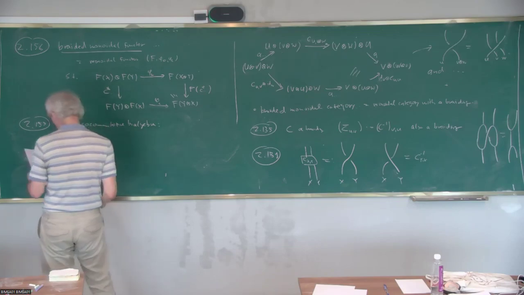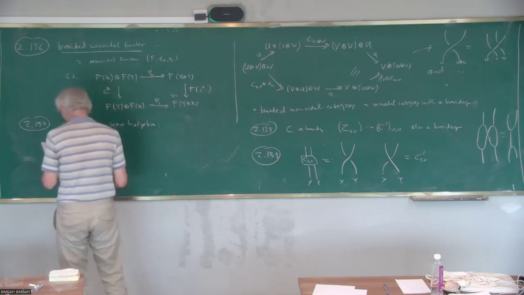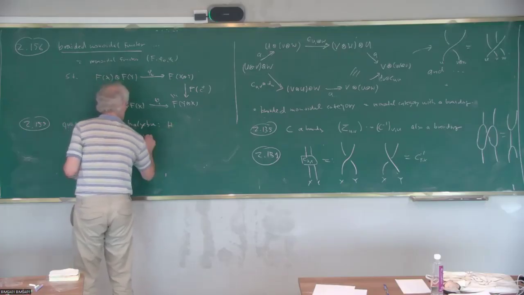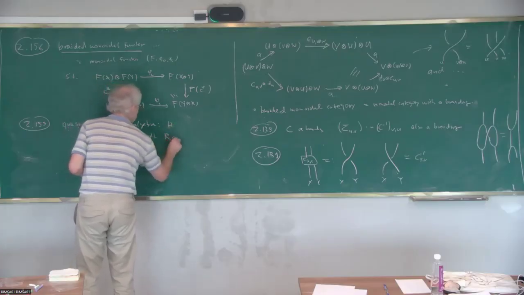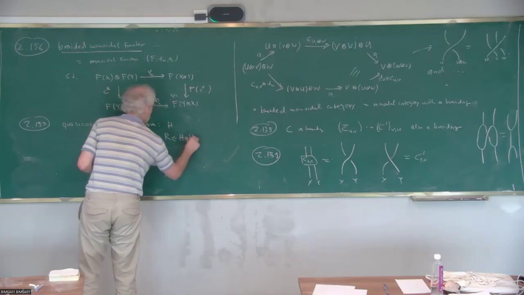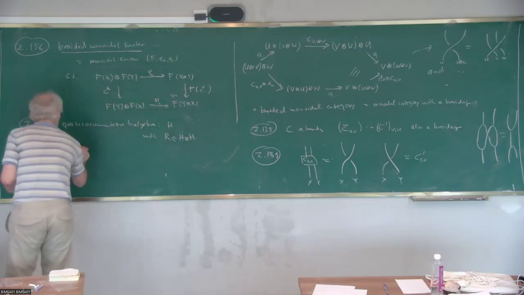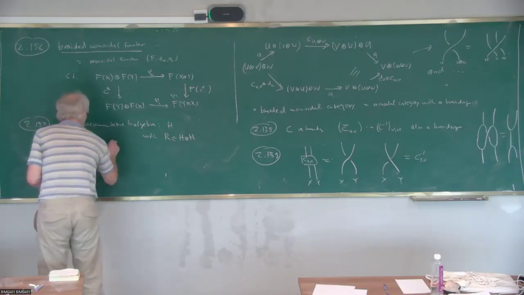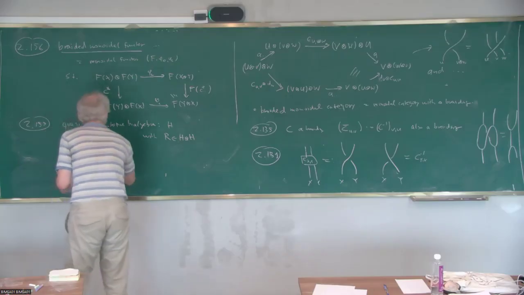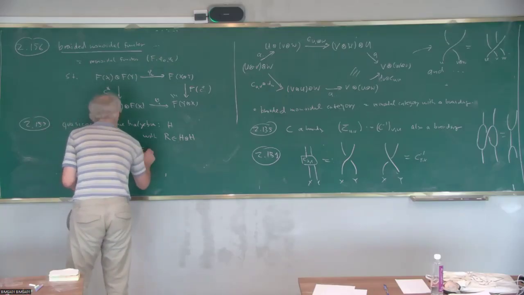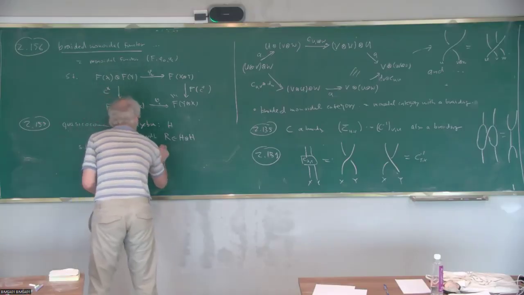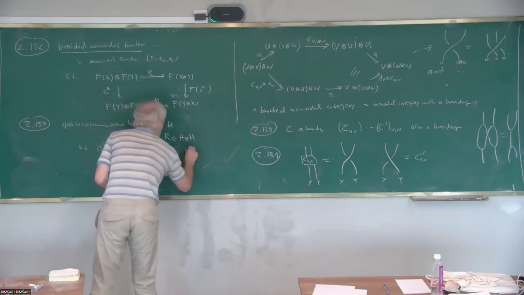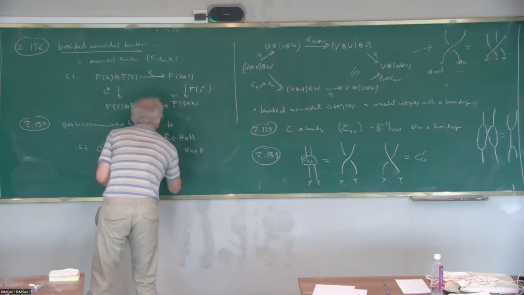This is a bialgebra, let's say H, together with an element R in the tensor product, such that the opposite co-product and the ordinary co-product are related in this way.